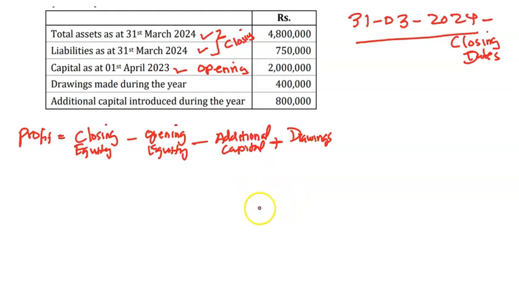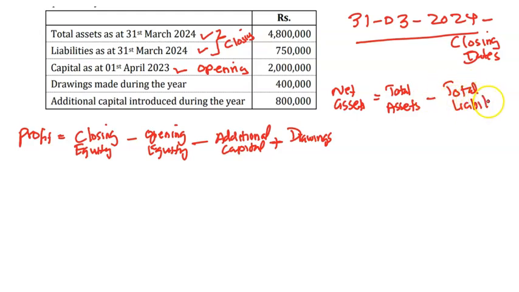To find out the closing equity, we have an equation called net assets. Net assets is the equity, that is total assets minus total liabilities.